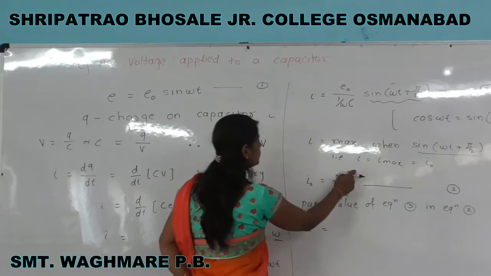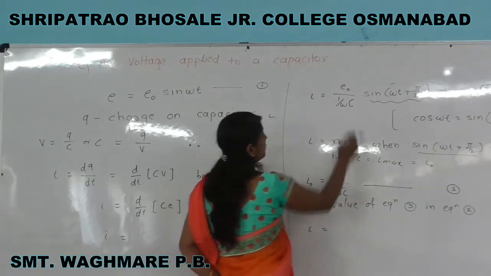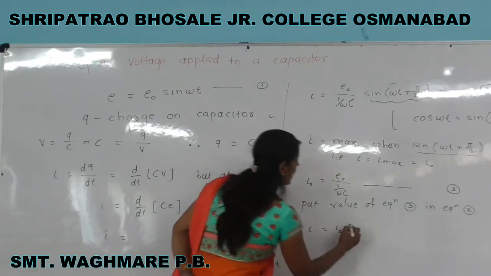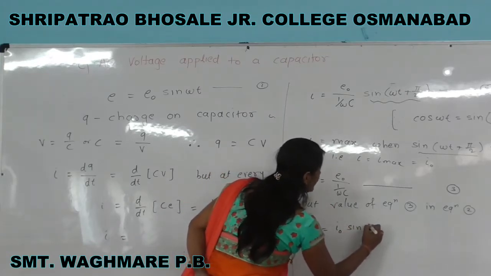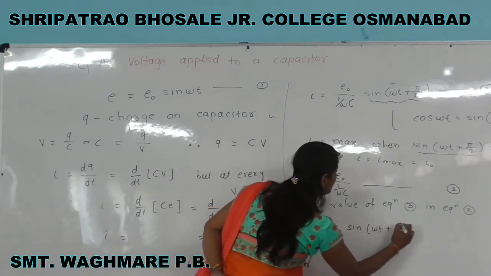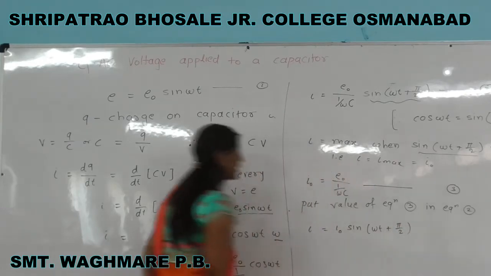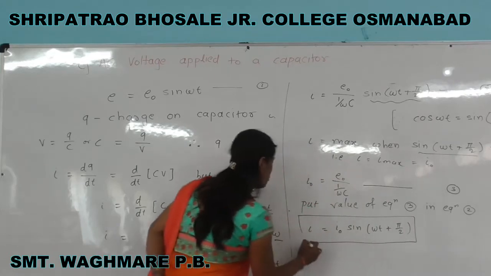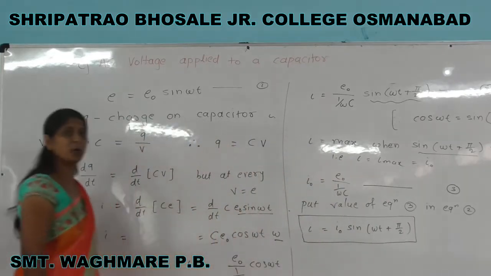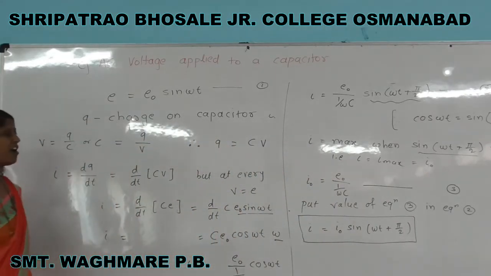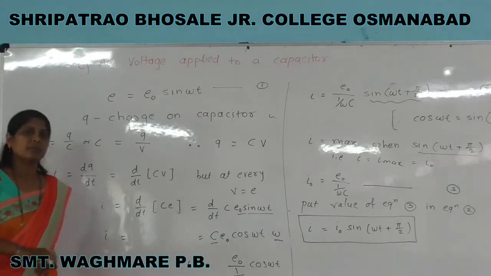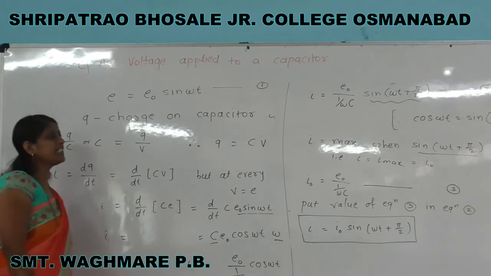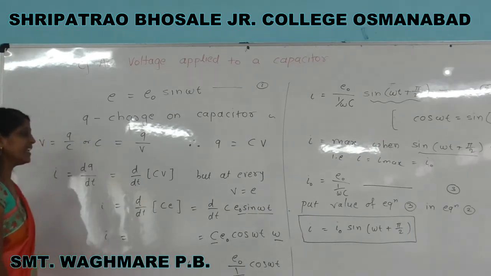I is equal to E naught upon 1 upon omega c is equal to I naught. Therefore this will be I naught, and this sine omega t plus pi by 2. Therefore I is equal to I naught sine omega t plus pi by 2, and this is the formula of current passing through a capacitor when the capacitor is connected to an AC circuit.